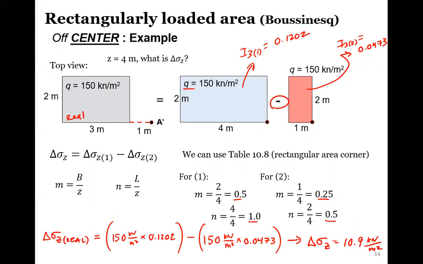You can probably see the way this equation is set up. If everything is in stress terms, so if everything's in Q, then really we could just pull this out of our function and set up an equation that looks like Q is equal to I3,1 minus I3,2.